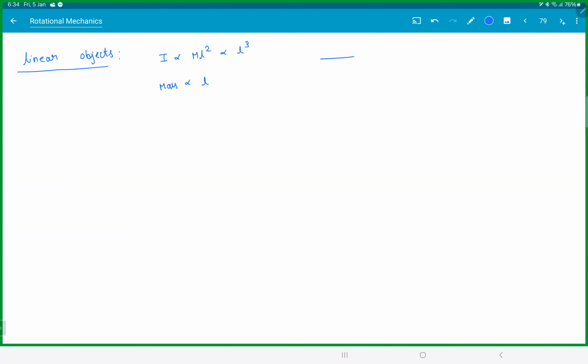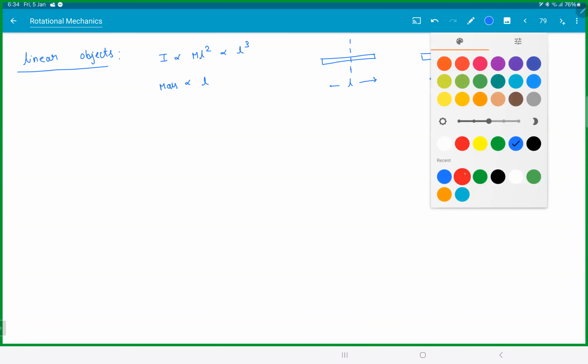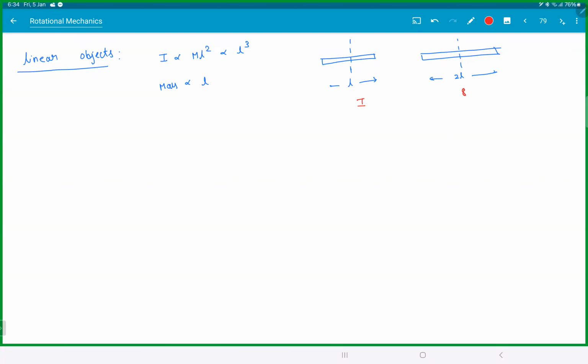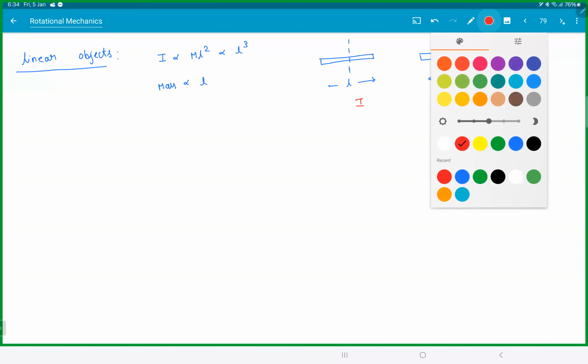The meaning of this is, if you take a rod of length L, and if you take a rod of length 2L, keeping everything else same, only the length is double. If this moment of inertia is I, this will be 8I. The moment of inertia will be going as an L cube.